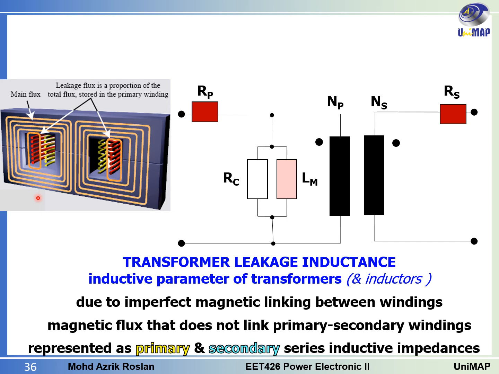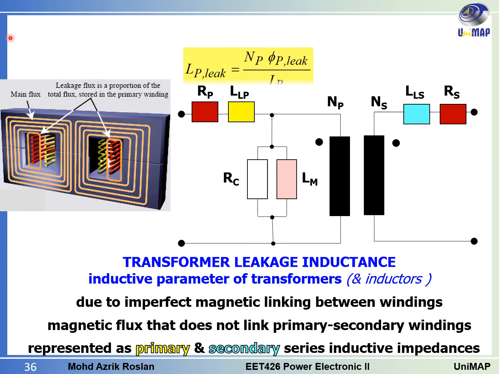We call this the imperfect magnetic linking between the windings. This effect is represented by the leakage inductance at the primary side, called LLP, and the leakage inductance at the secondary side, LLS.